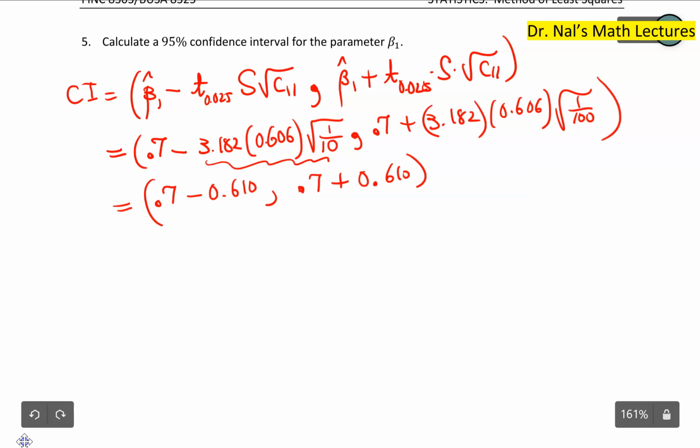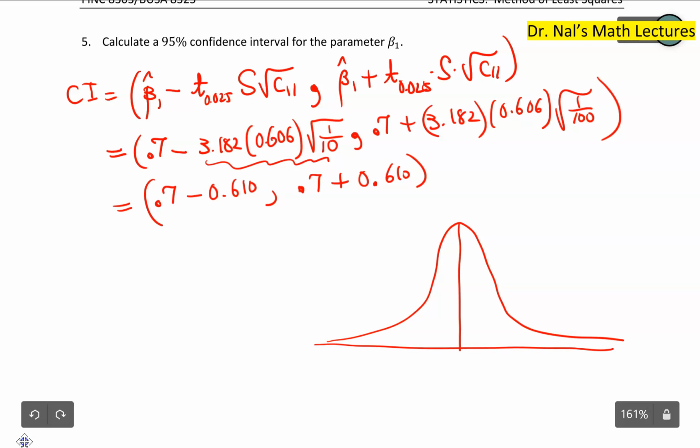So you can realize that the average is 0.7, and you go one standard error times the critical value in each direction. This is our confidence interval. We are 95% confident that the true parameter beta 1 will be within this interval.